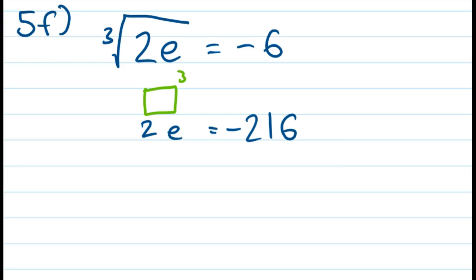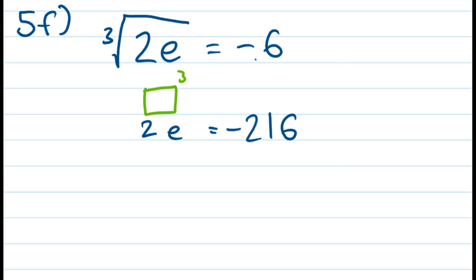Okay, 6 sixes are 36, times 6 gives you 216. Okay, because there's a minus out the front, there's a minus there, because minus times a minus makes a plus, but times by another minus puts it back to a minus. Okay, so this may look confusing, but just think, if I cube root that 216, I'll get the -6. Okay, and that's what that's told me.